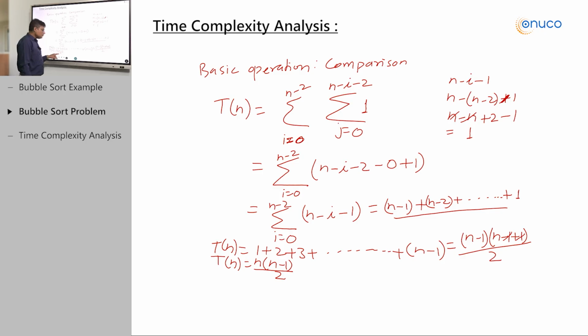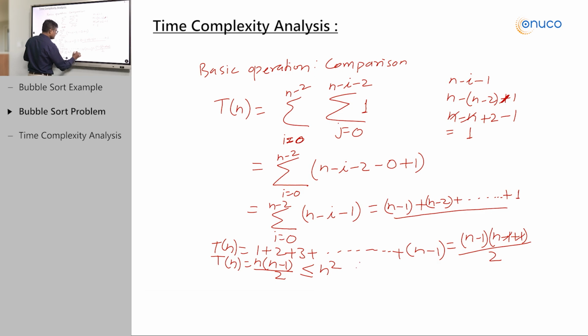n square by 2 has a constant, and we have seen that n into n minus 1 divided by 2 is a quadratic equation. In that case we can say that T of n is less than or equal to n square by 2.